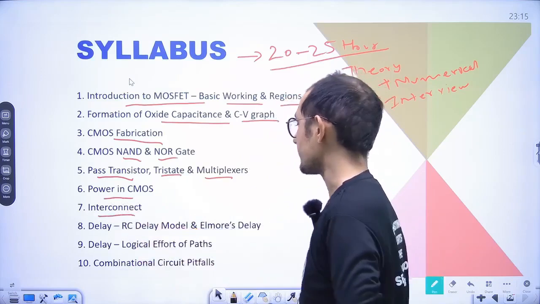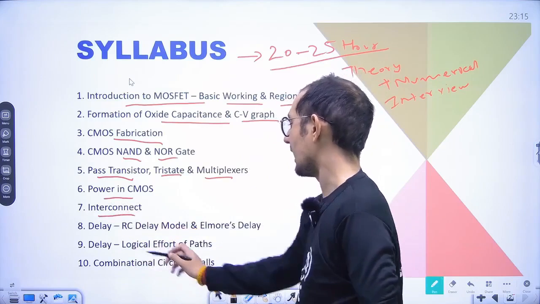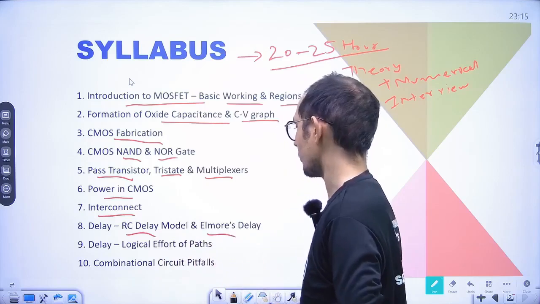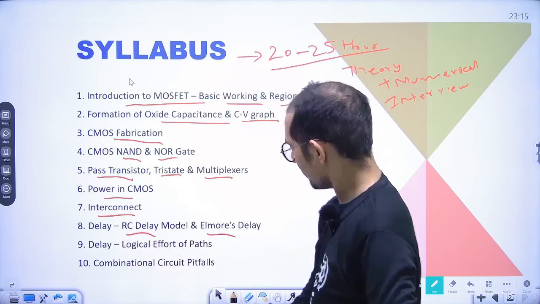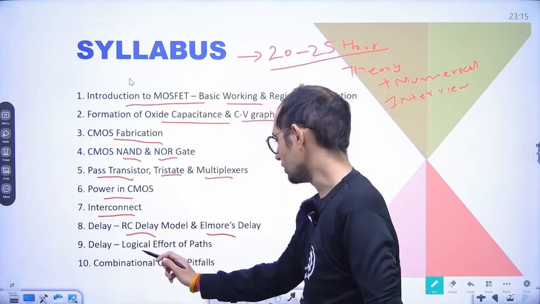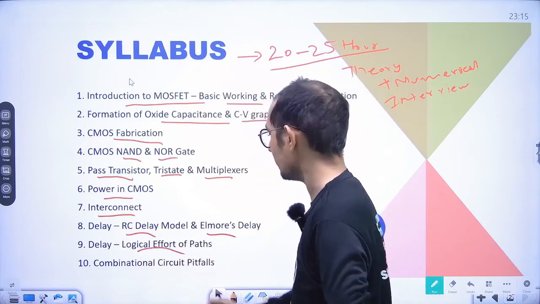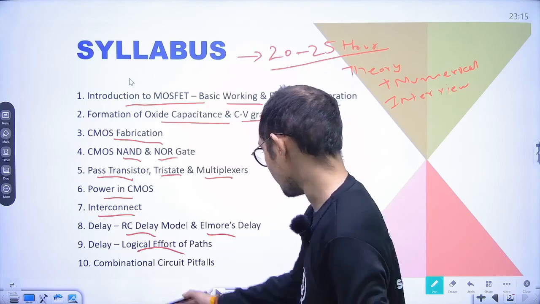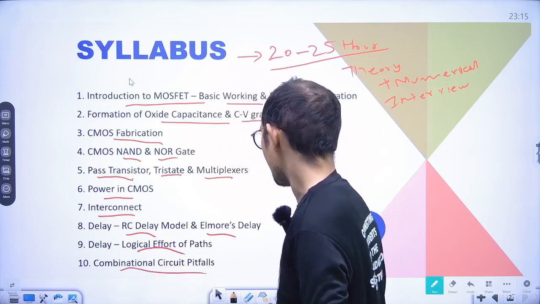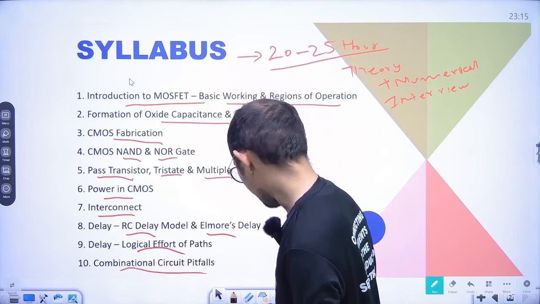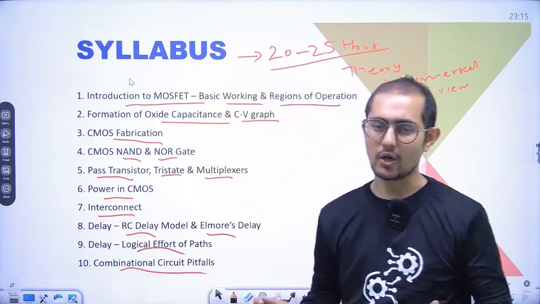Then we will discuss the delay models like the RC delay model and the envelope model. Then we will discuss the logical effort of a path. Further we will discuss combinational circuit pitfalls. These are the major topics we will cover.